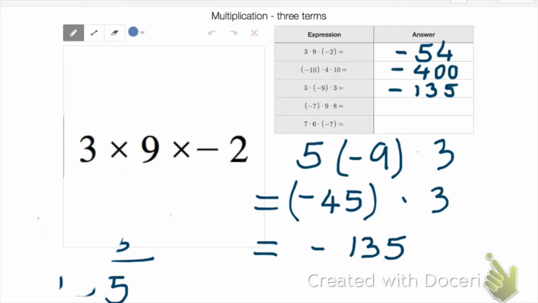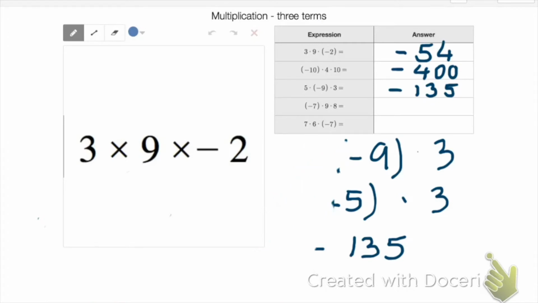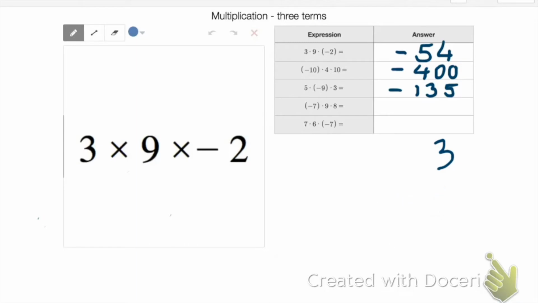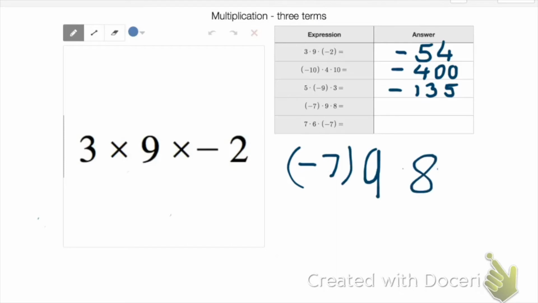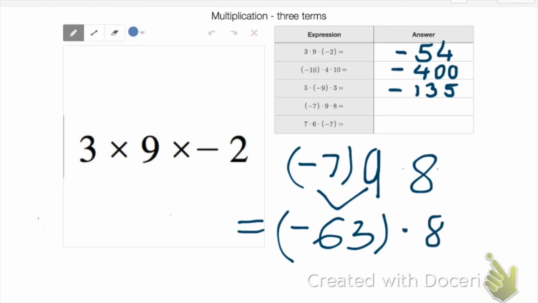Next problem we're going to have is negative 7 times 9 times 8. So we know negative 7 times 9 is negative 63. Multiply with 8. Negative times positive, the answer will be a negative answer.